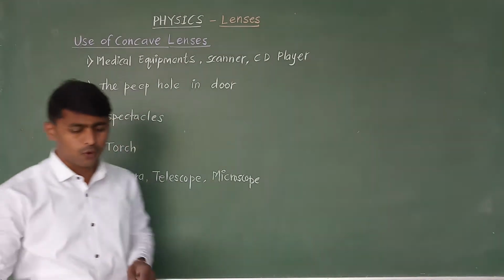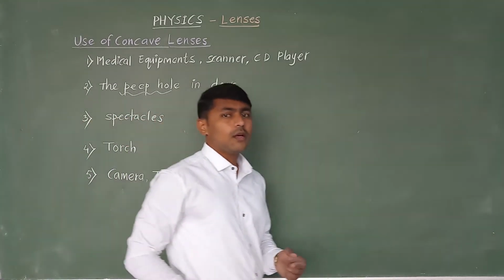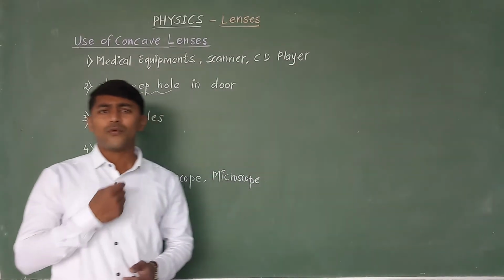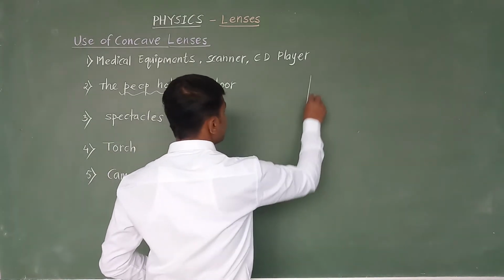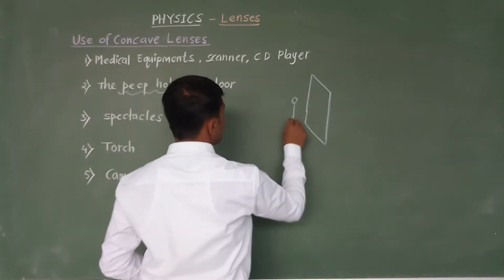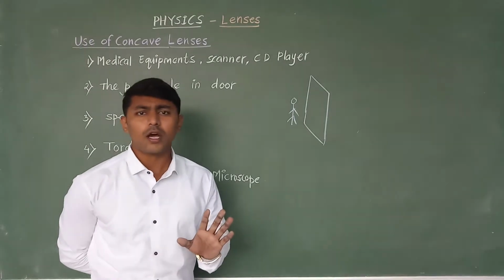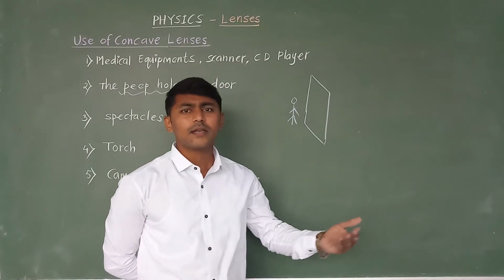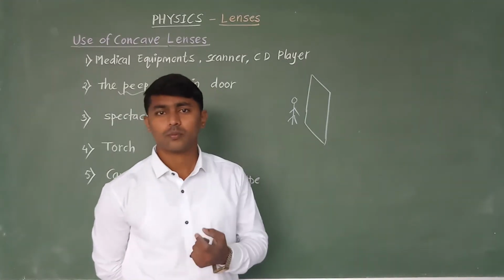Now, what is this peephole? Students, it is very important for our safety. Suppose this is a door and you are inside your house, alone, and it is late at night, and a stranger has knocked on your door.